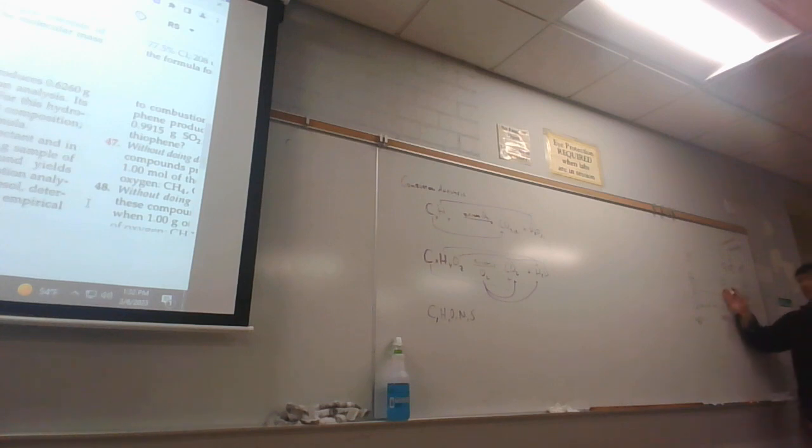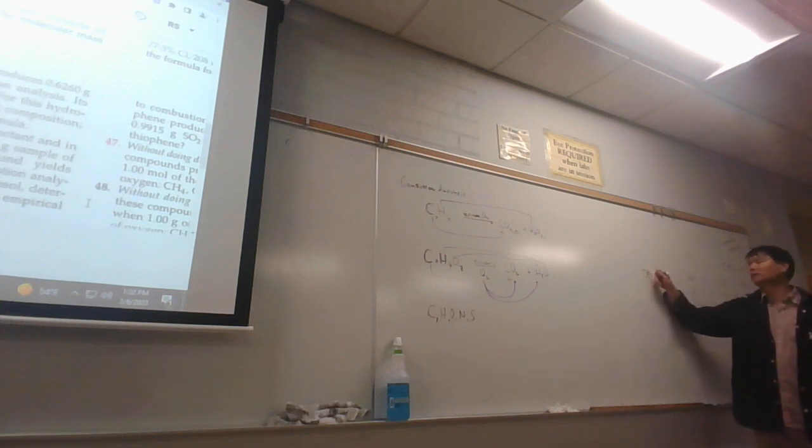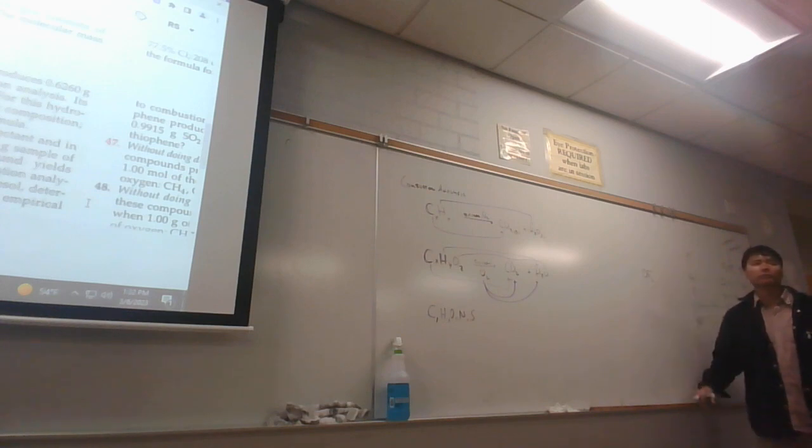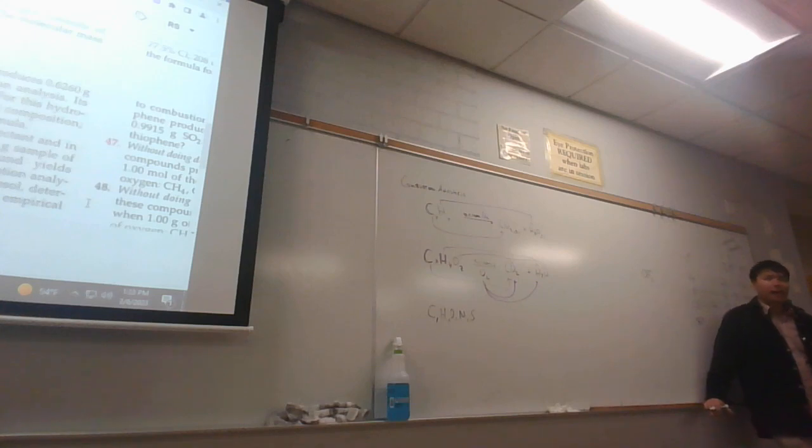Oxygen doesn't like to lose electrons, because of its electronegativity. But sometimes it can. Like here, OF2. What would you call OF2? How would you name it? Oxygen difluoride. In oxygen difluoride, what is the oxidation state on oxygen? +2.